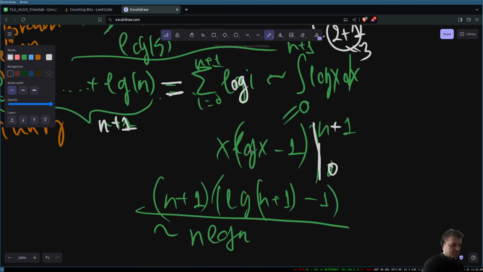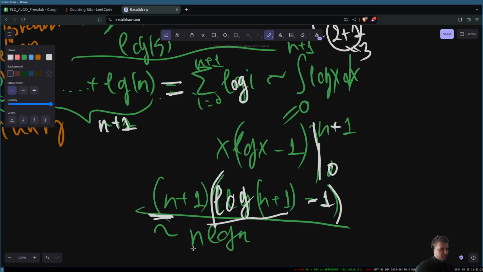The lower bound gives 0. The upper bound gives n plus 1 multiplied by (log of n plus 1 minus 1). Approximately, the higher term multiplied by the higher term is n plus 1 by log of n plus 1, simplifying to n log n.